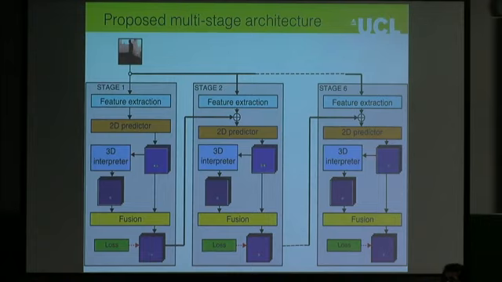These kind of multi-stage architectures have been shown to work very well in the case of human pose estimation for 2D estimation, because it's giving us a bit like a coarse-to-fine approach. So we're already giving an initial estimate, and we can refine the estimations as we go through the stages.